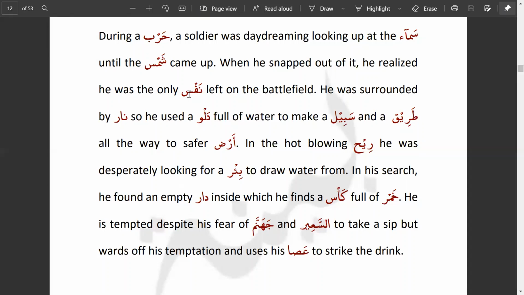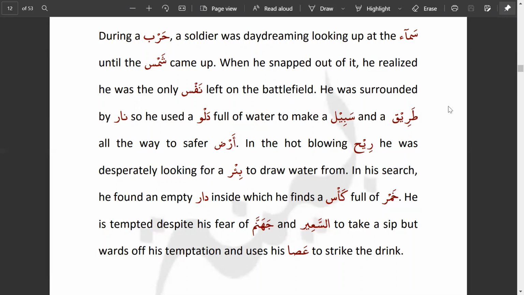Nafs, soul, a person. When we say nafs, it means soul or person. So that's also feminine, this specific word, nafs. Okay. And nar is fire. This is also feminine.